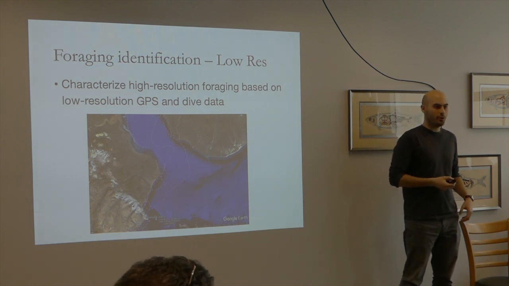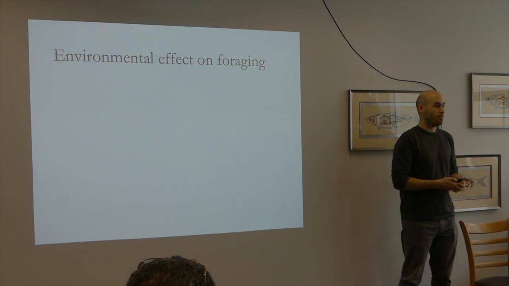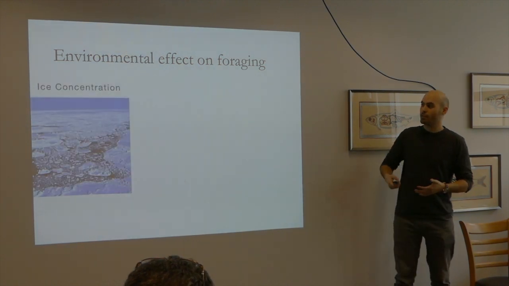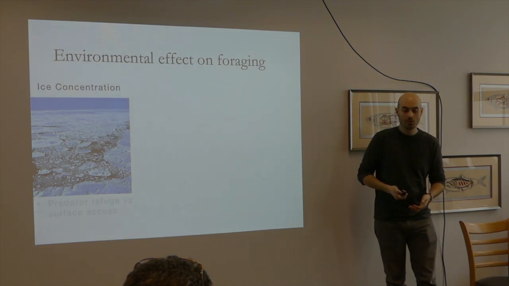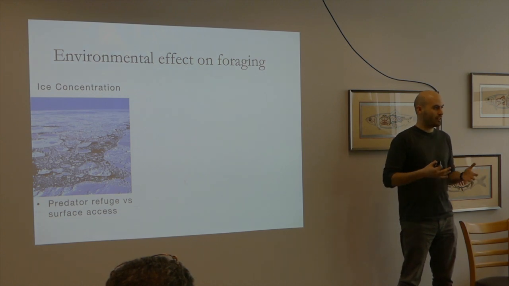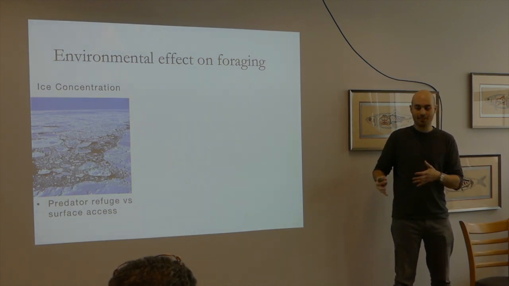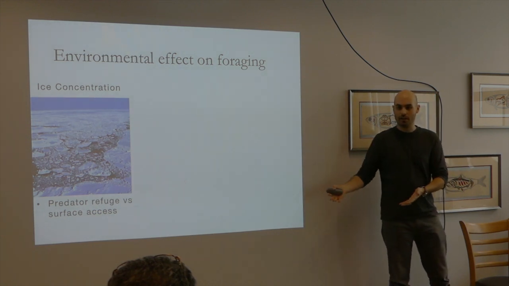And similar to polar bears, once we identify foraging, this can be modeled based on environmental factors. So for narwhals, again, we can use ice concentration, and this has important biological relevance to narwhals since they use ice on one hand as a refuge from predators like killer whales.